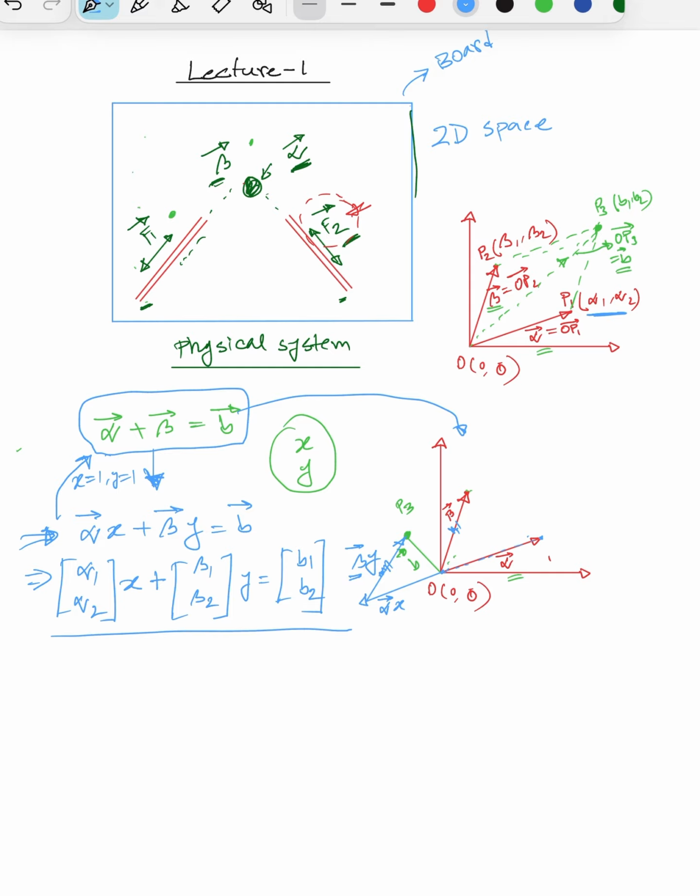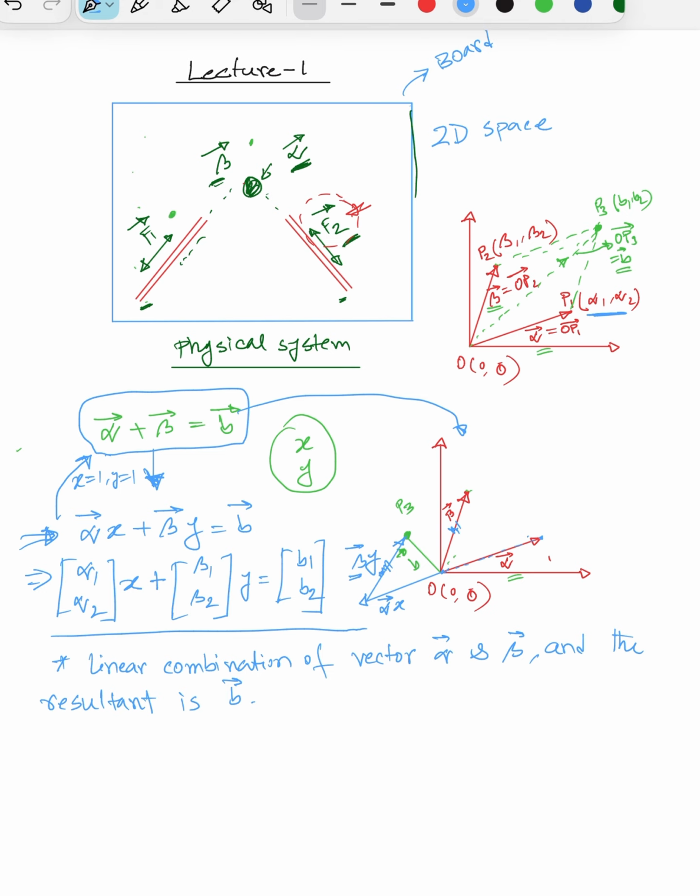And this form is also called linear combination of vector alpha and beta, and the resultant is b. So this is what we call linear combination.